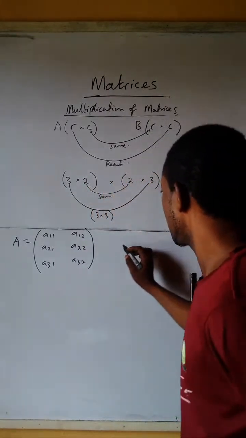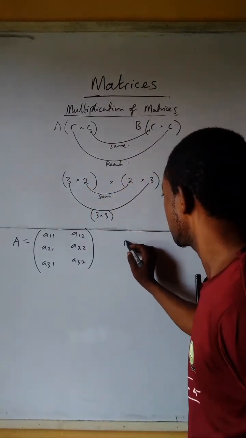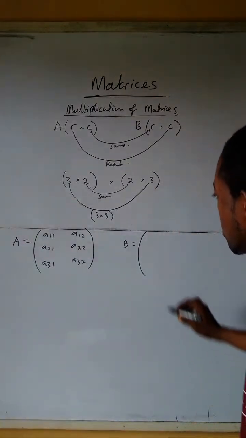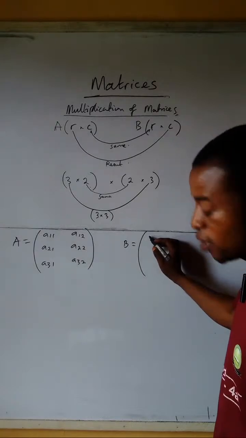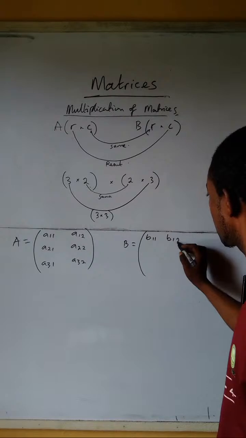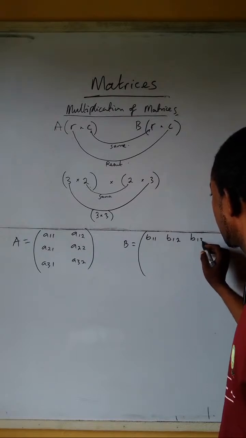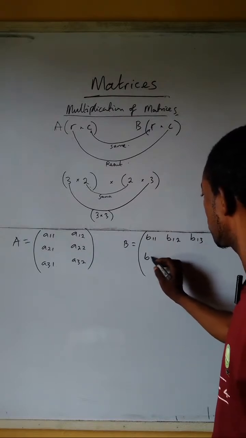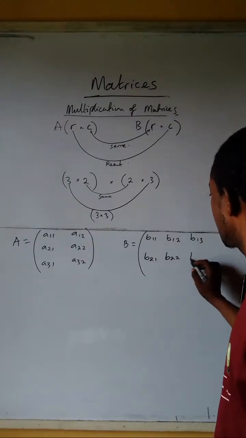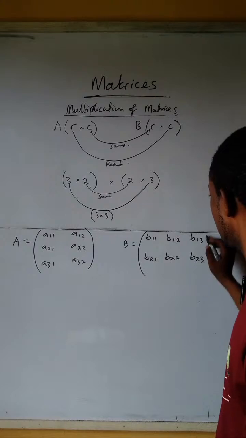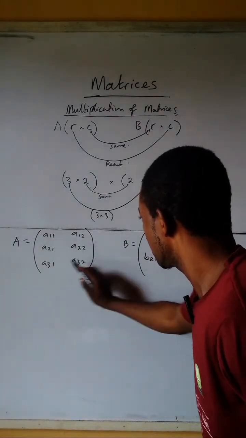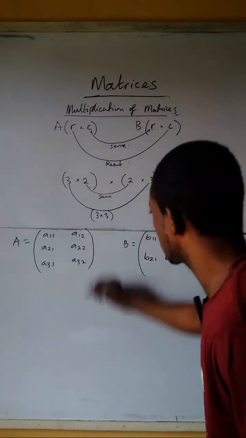And we want to multiply it by a matrix B, which is a 2 by 3 matrix. That is, we have B11, B12, B13, and we have B21, B22, B23.